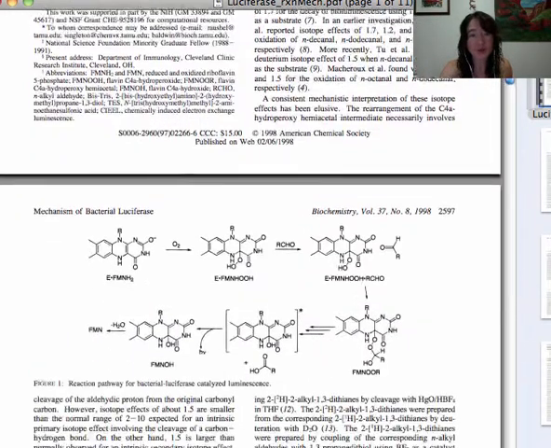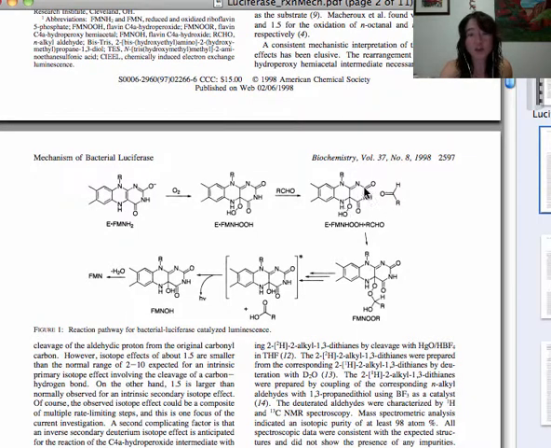So let's look at that in pictorial form. So here is the reaction product when oxygen reacts with the flavin mononucleotide, and this creates that detectable intermediate. But then further interaction with the aldehyde then generates, again, the predicted compound that emits the photon of light, which is what we're seeing in this step.